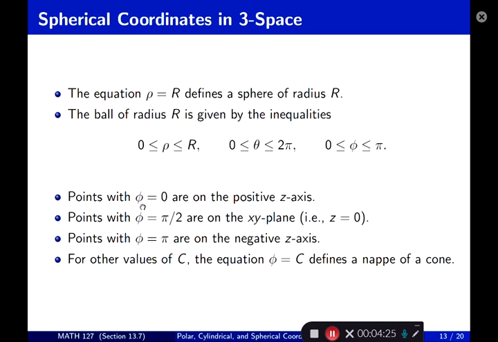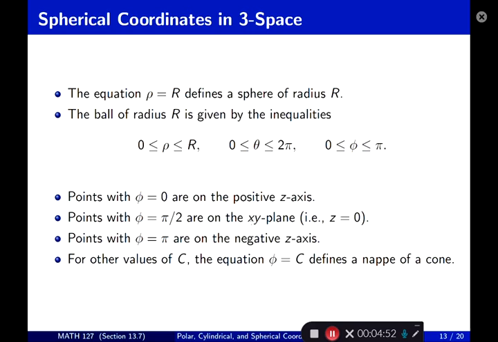Points with phi equal to 0 are on the positive z-axis. If you remember, phi is the angle made with the positive z-axis. If that angle is 0, we are on the z-axis. Phi equal to pi half is the xy plane.